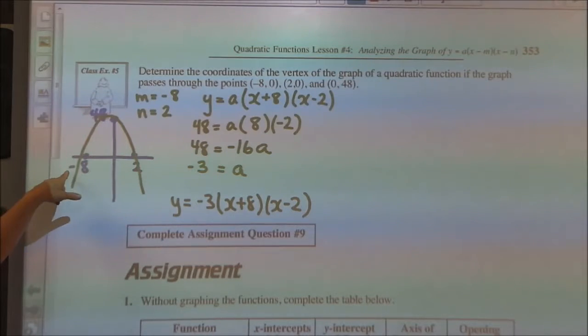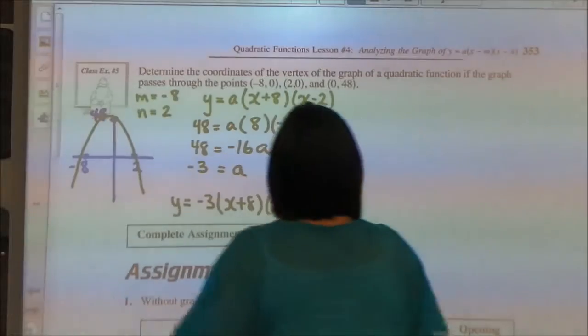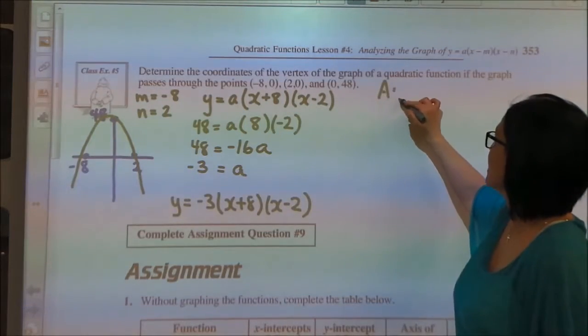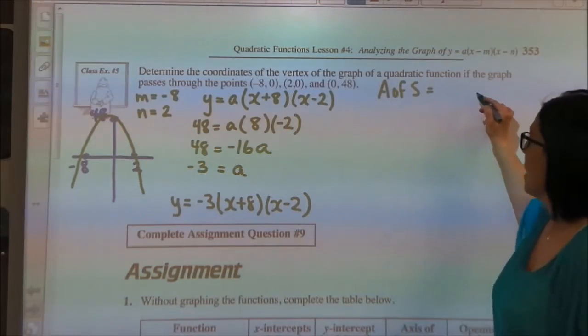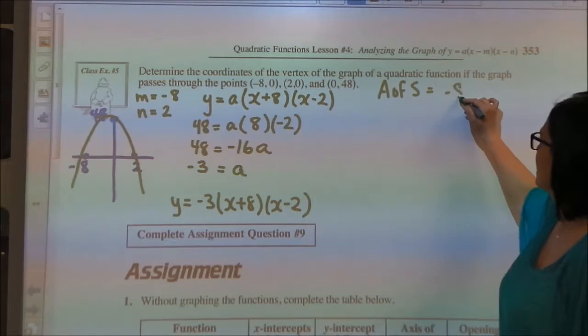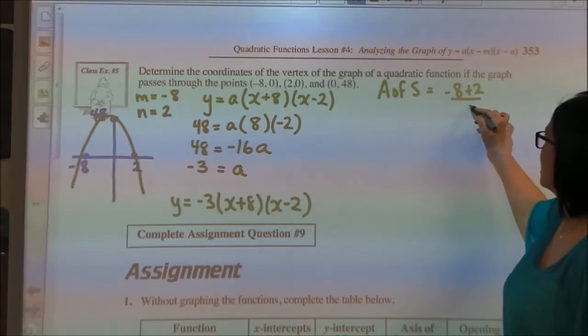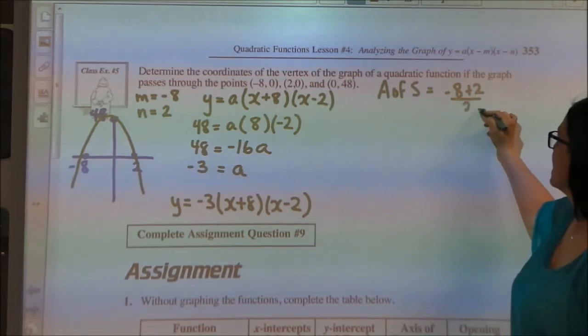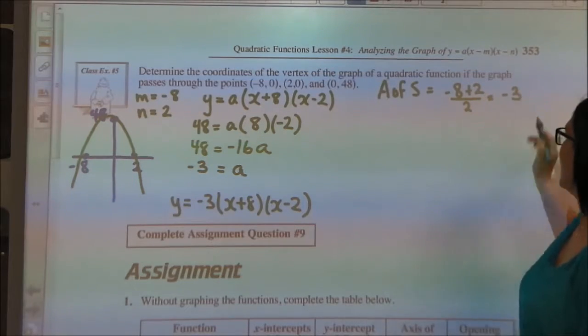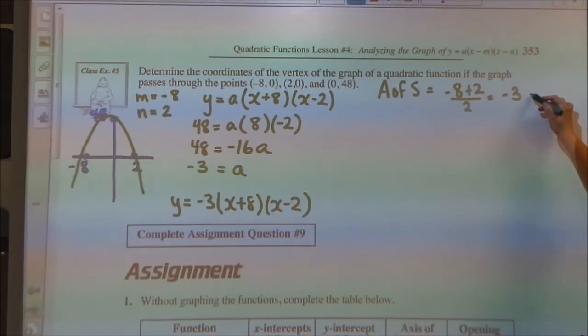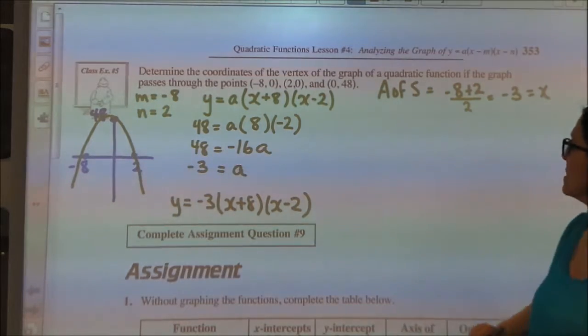Or I could do what I did on the last question with the equation of the axis of symmetry. So if I find the axis of symmetry, I would take negative 8 plus 2, which is negative 6, divide that by 2, and I get negative 3, equals x. So I put negative 3 into this equation.